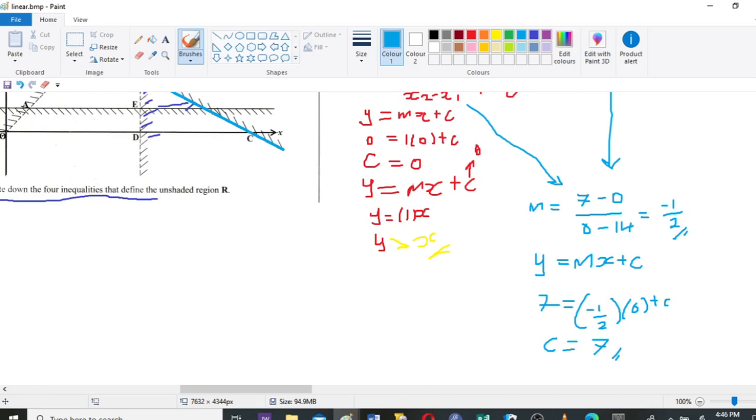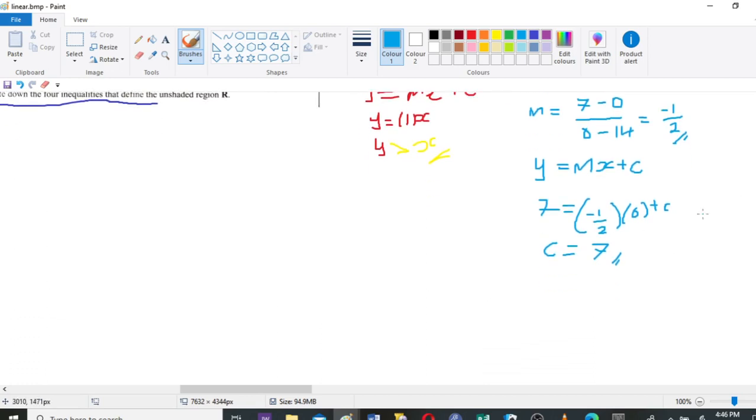If this is the value of c you find, then your inequality will be mx plus c, and here we are just going to replace that.